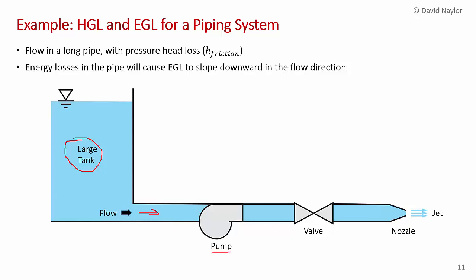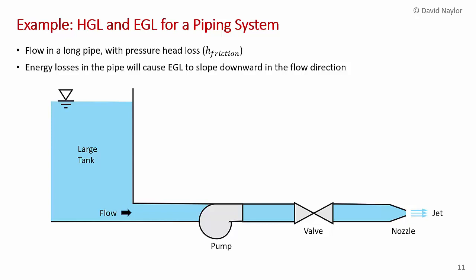And then most piping systems would have many valves. I've just drawn one valve here. And the pipe ends in a nozzle and a high-speed fluid jet. And so the task here is to draw the hydraulic grade line and energy grade line for this type of system.